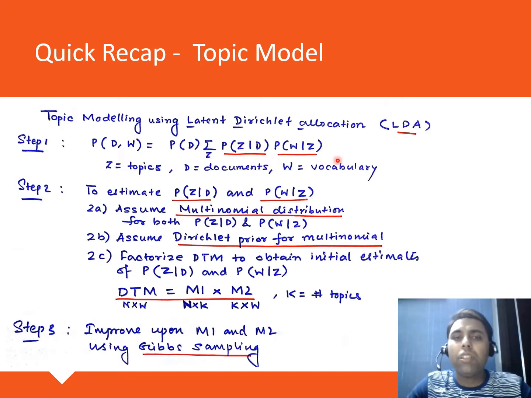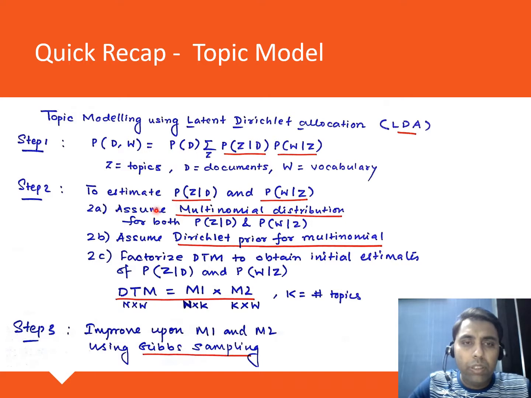And these two conditional probabilities, the topic given document and the word given topic, are the two terms of supreme importance here, because if we can estimate them, they will give us what we aim to achieve using topic modeling.